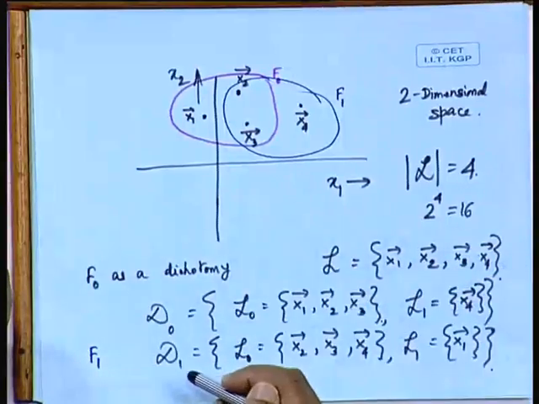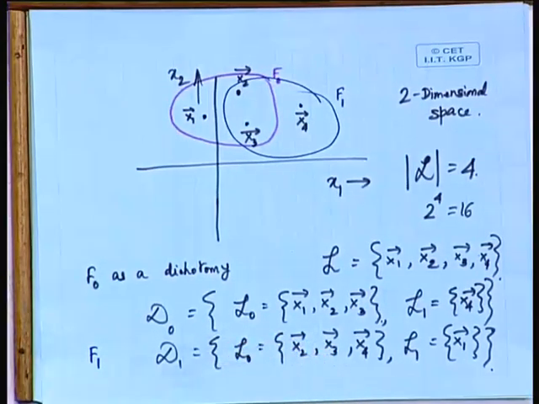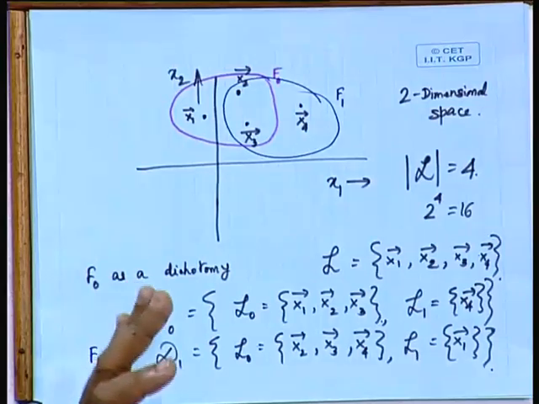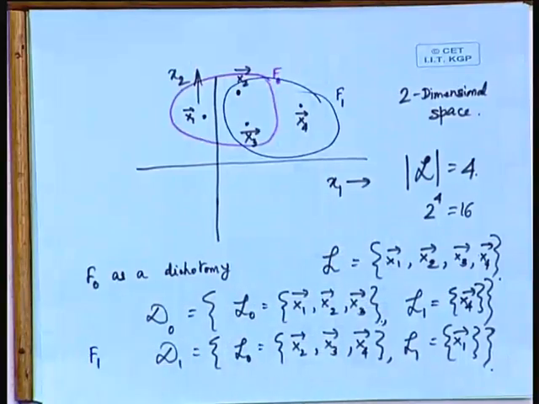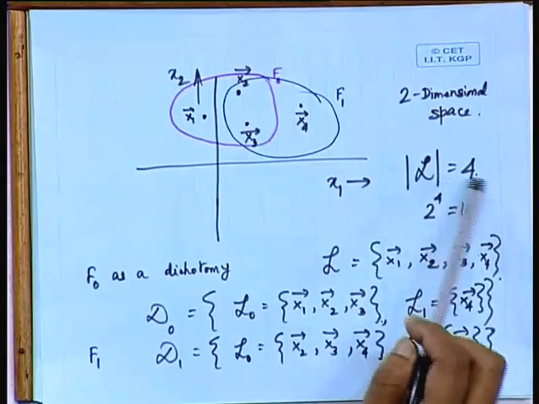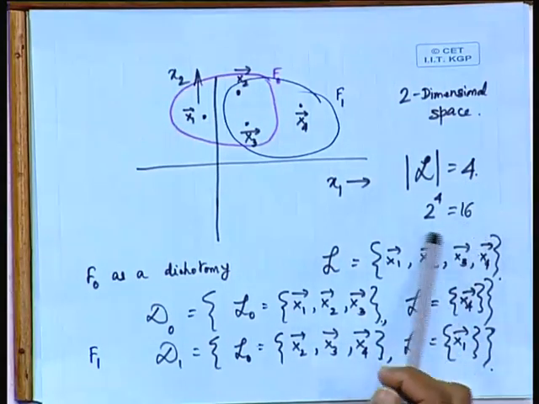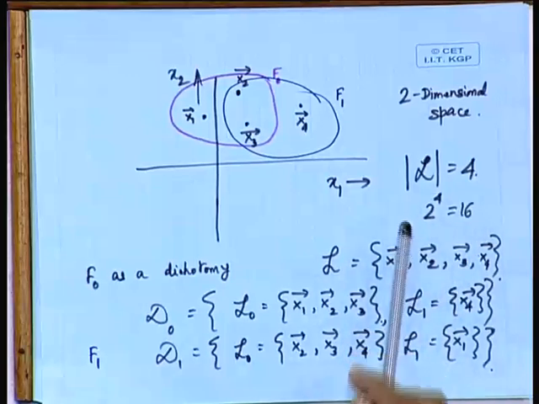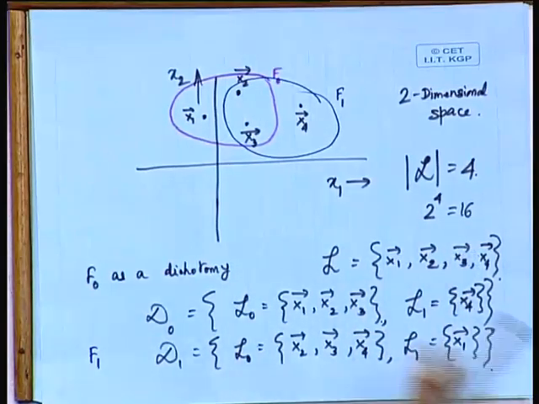Again I am introducing one term which requires a definition, shattering. Here the cardinality of this set is 4, and it can realize with 16 functions, we can fully classify everything.